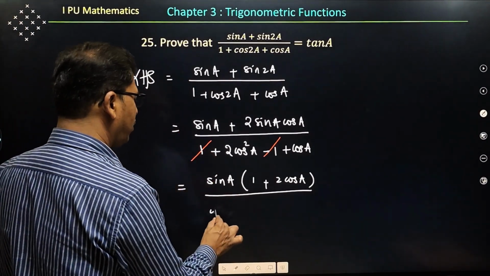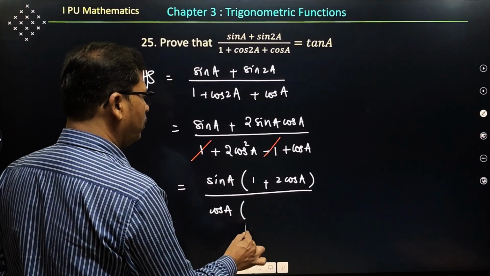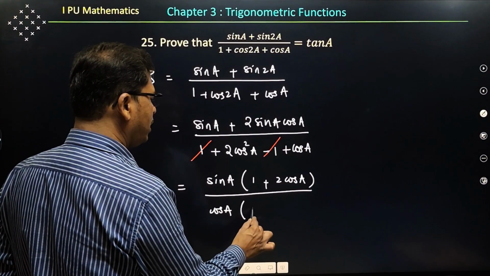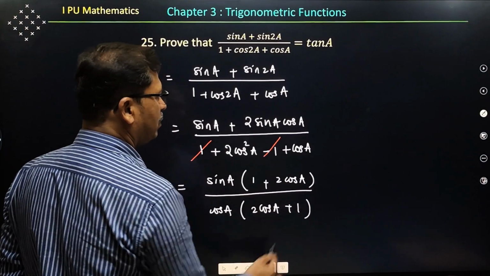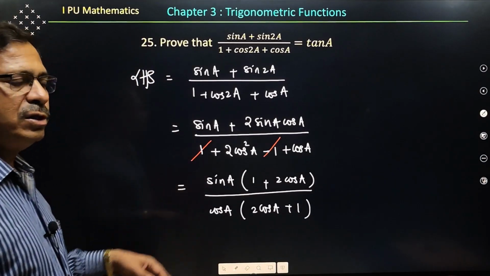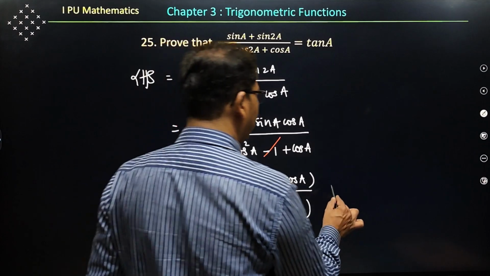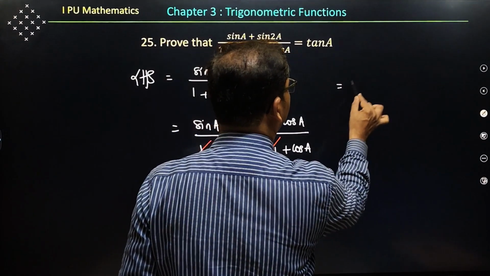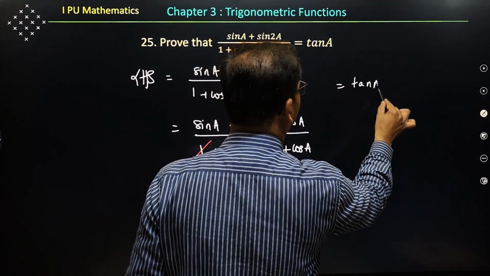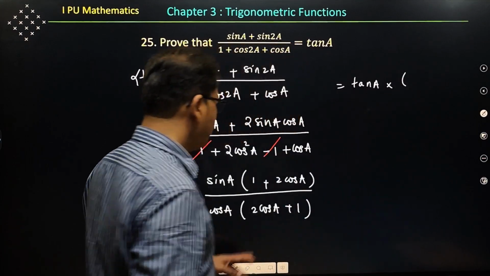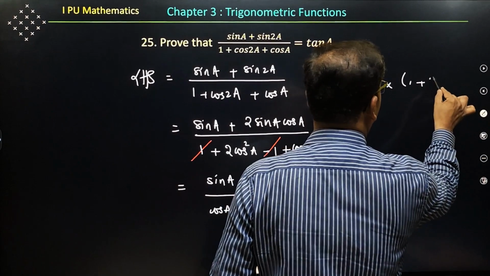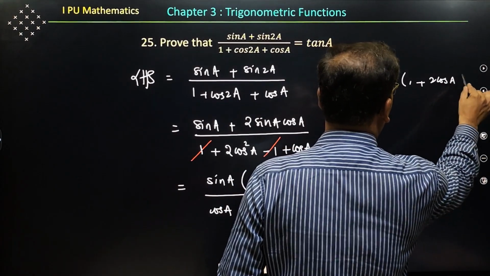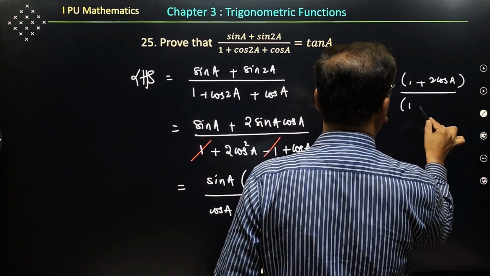Out of that, you take cos a common. By doing so, 2 cos a remains plus 1. Sin a by cos a is tan a. This is equal to tan a into 1 plus 2 cos a divided by again 1 plus 2 cos a.